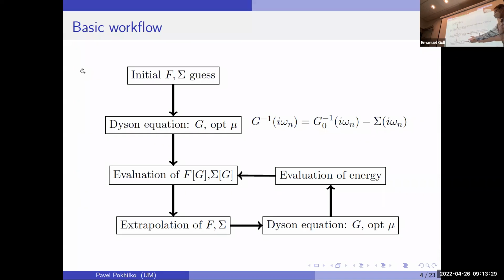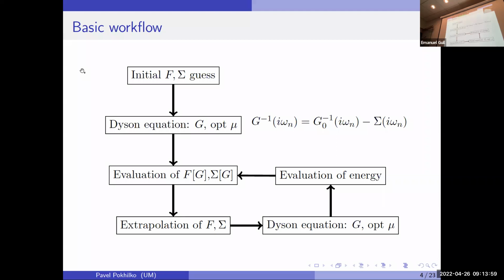And then we may extrapolate the set of obtained Fock matrices, self-energies, or maybe damp them. And then we can solve the Dyson equation again. If we want to preserve the number of electrons that we want, we may optimize chemical potential. Then we may evaluate energy, and we repeat the cycle. So this is the way how it is implemented now in the UGF2 program.